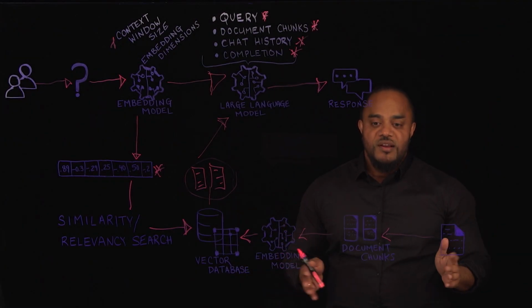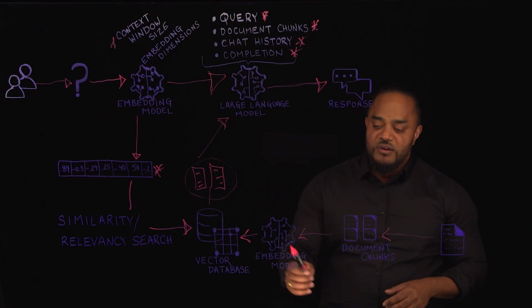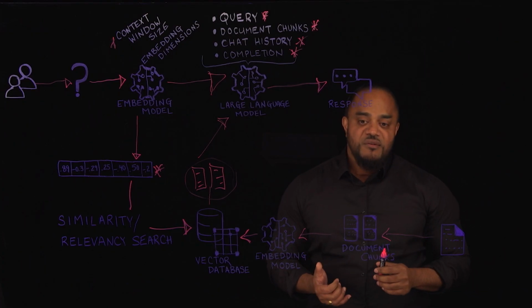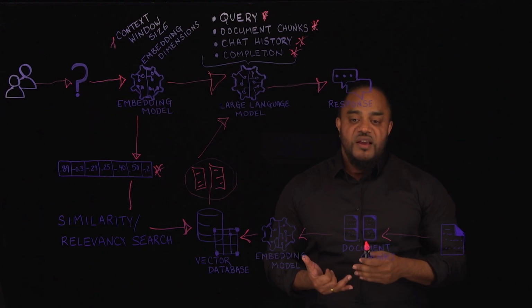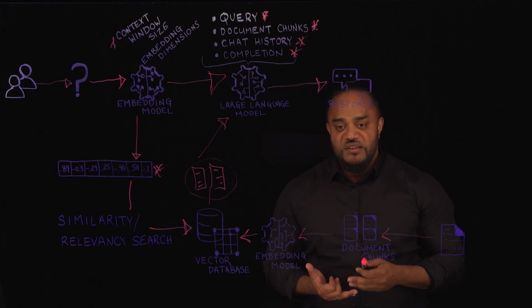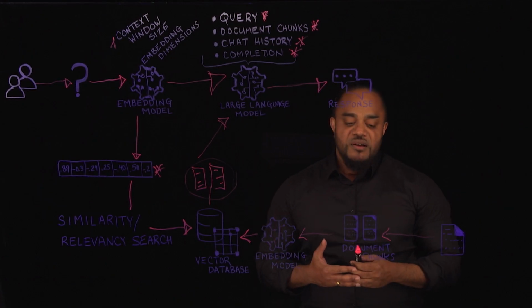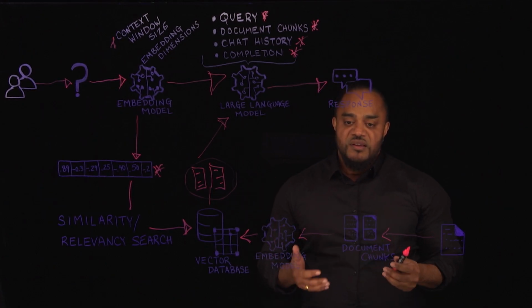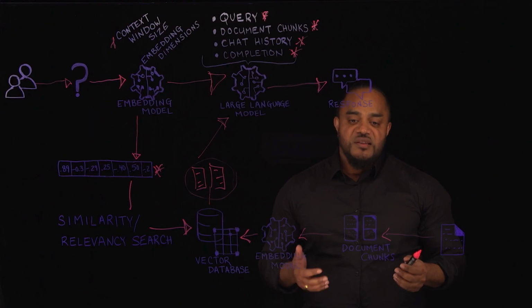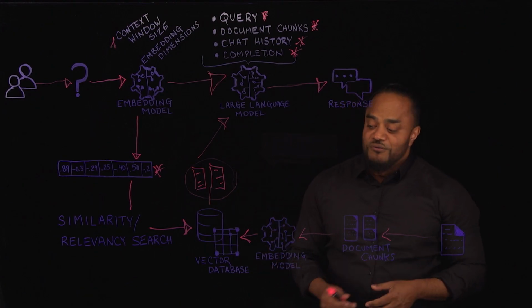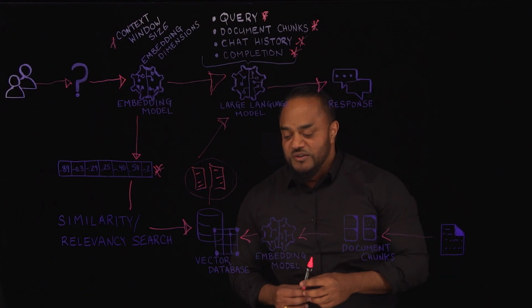So in conclusion, I want to mention that the key selection criteria to selecting a good embeddings model is accounting for the context window size and the output vector dimensions that the embedding model produces. And for a large language model, a key selection criteria is your context window size and its ability to reason. Don't forget, you'll need to select a proper vector database.